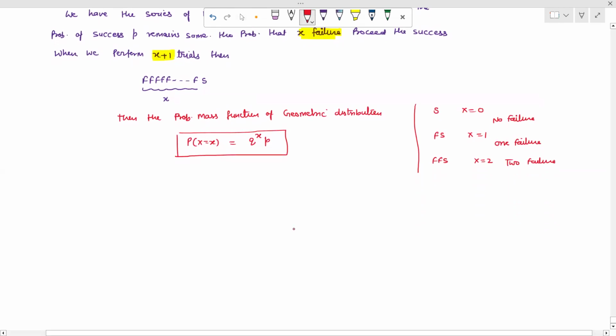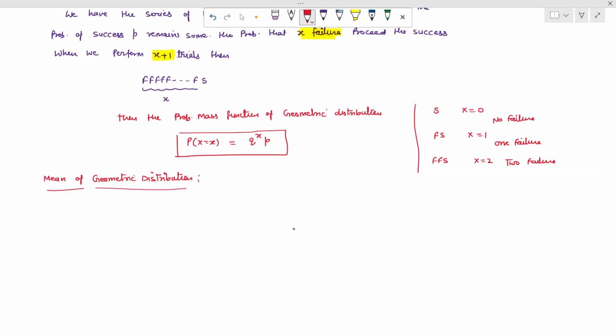Now we can calculate the mean and variance of geometric distribution. First we start with the mean, or expected value, of geometric distribution. The mean is denoted as mu.